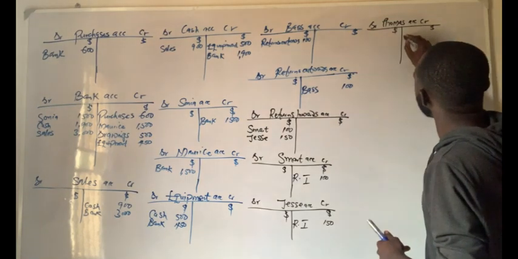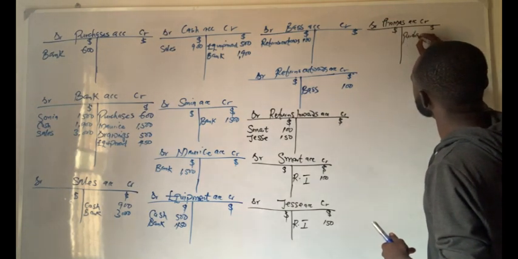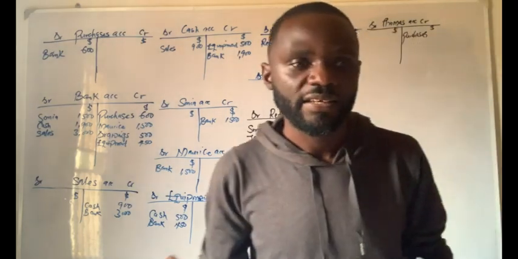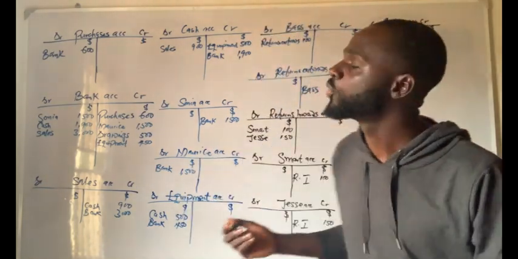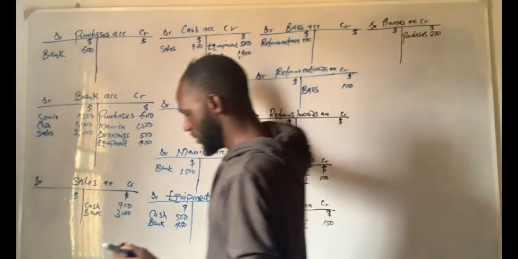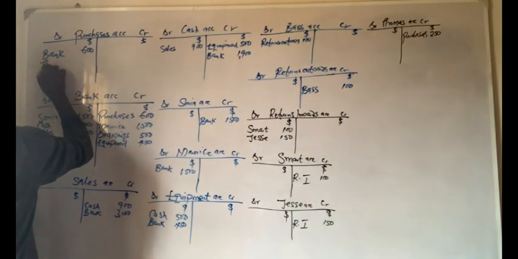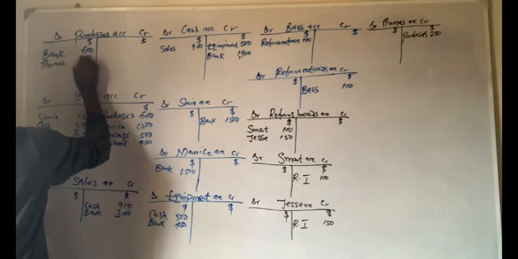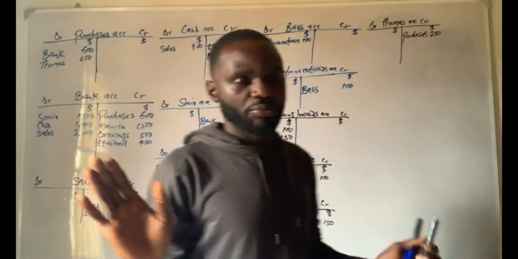So here we are going to have purchases from Thomas. And then the value of our purchases from Thomas is 250. So we have 250. So the corresponding debit entry is going to be Thomas, 250. As simple as that.